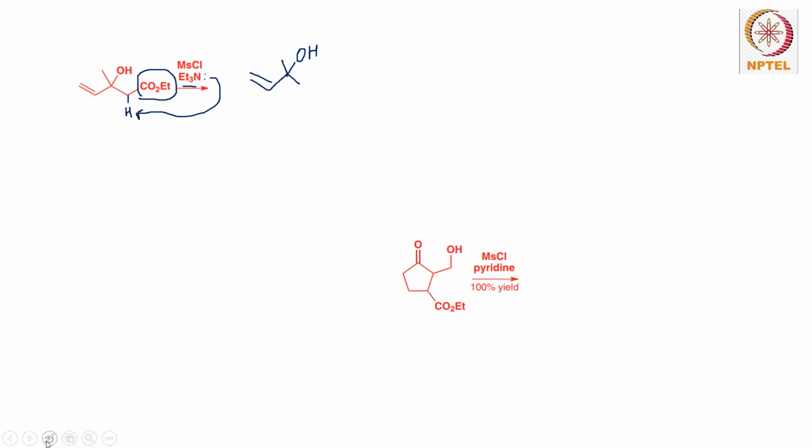Sorry, before that, whenever there is a heteroatom, if you are giving a base, from the first it will take a proton from this position. It will not take a proton from carbon. If there is a heteroatom and the heteroatom has a hydrogen, whenever you are adding base, it will take the proton from the heteroatom first.